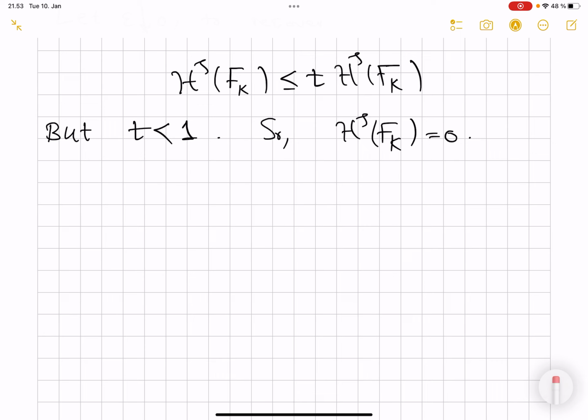Okay, so the set of bad points, so remember this F was the set of bad points where the density was strictly less than 2 to negative s, has 0 Hs. That means almost every point will be this way.